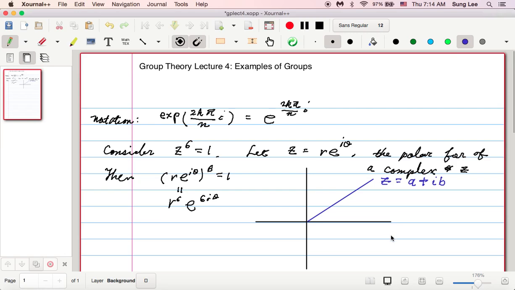The projection of this line onto the x-axis gives the real part a, and the projection of z onto the y-axis gives the imaginary part.